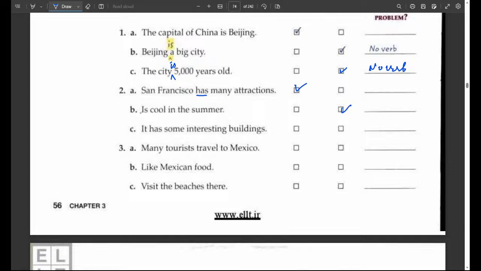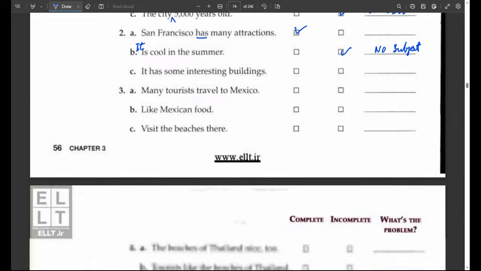What is missing here? The subject. What is cool in summer? So we can say it here, no subject. So probably we could say here, it is cool in summer. It has some interesting buildings.